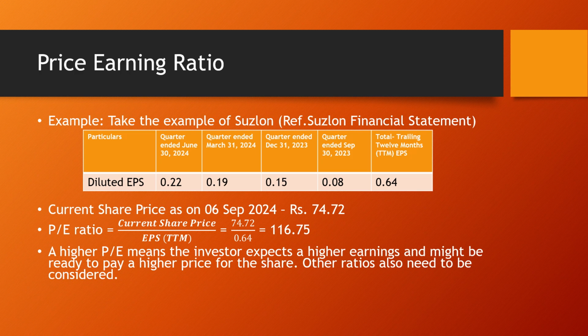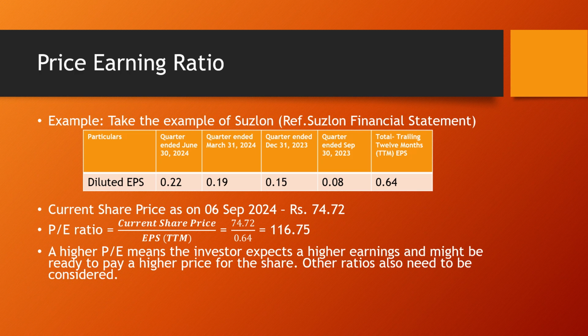Suppose Suzlon or any other company has a higher price earning ratio than the others, then the investors expect that the earnings would be higher, and therefore they might be ready to pay a higher price.